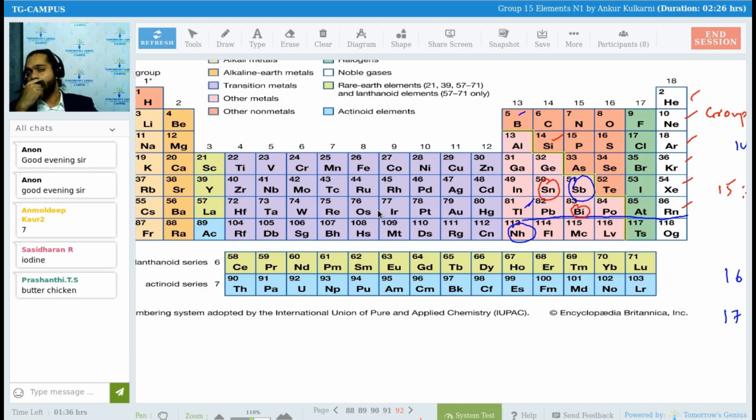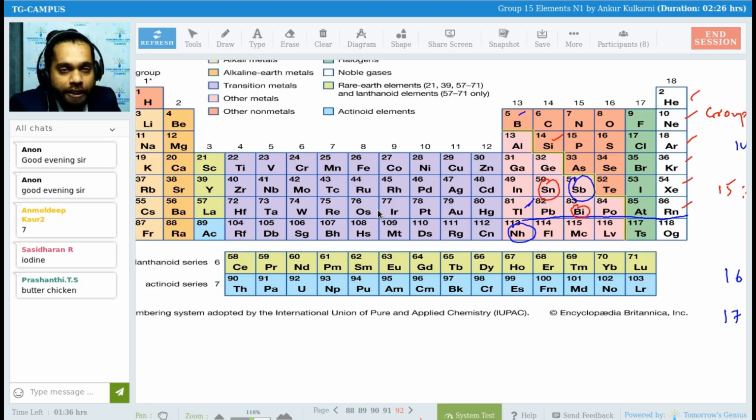Anywhere apart from the P block, do we have non-metals? Look into the periodic table. Yes, Ragul, correct. And Sajna. Do we have any non-metal apart from those present in the P block?